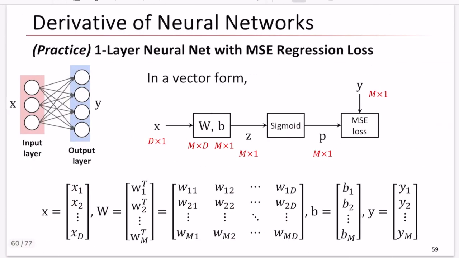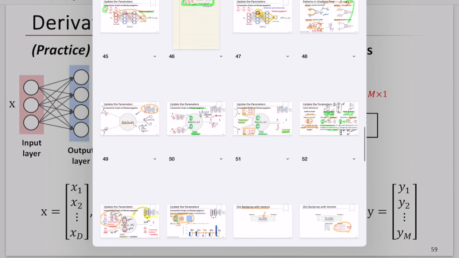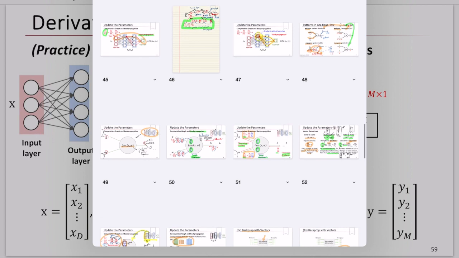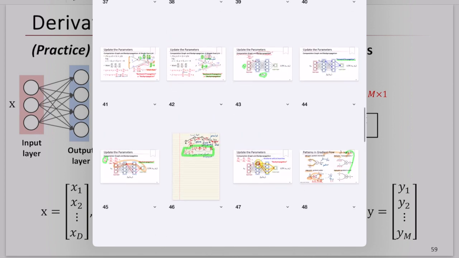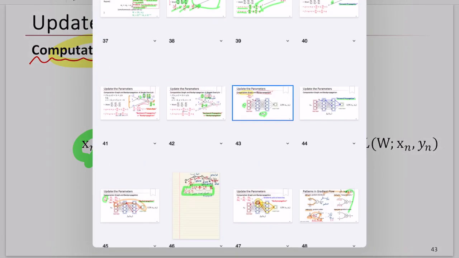First of all, as we discussed in the previous lecture note, let's consider the graph form. Okay, let's go back to here. First of all, set up the computation graph.